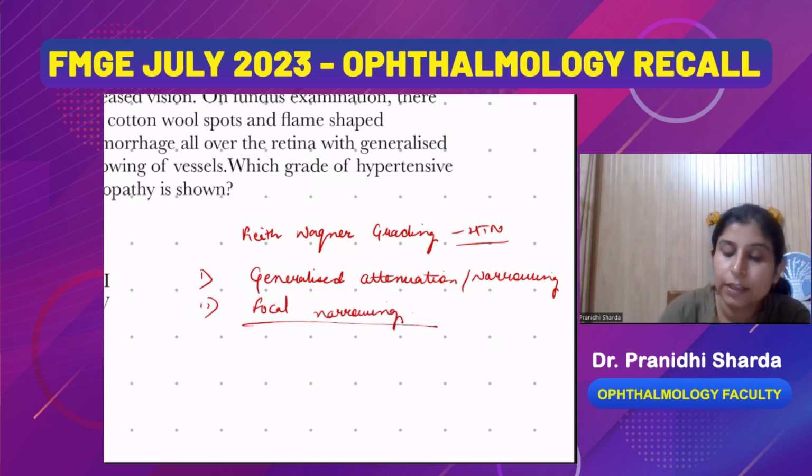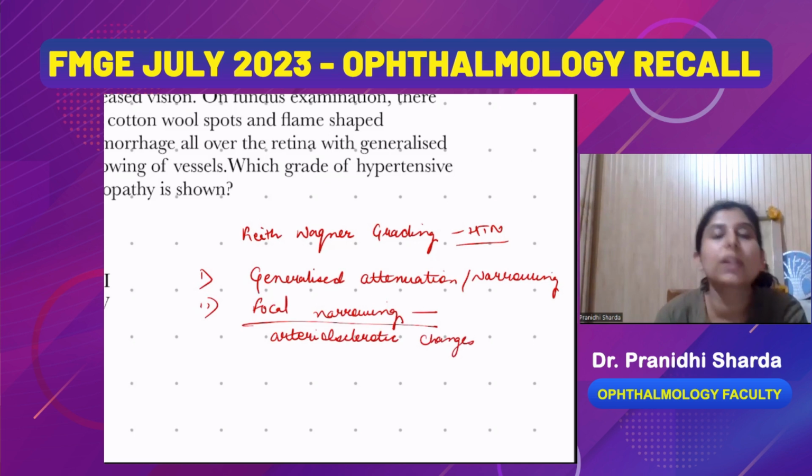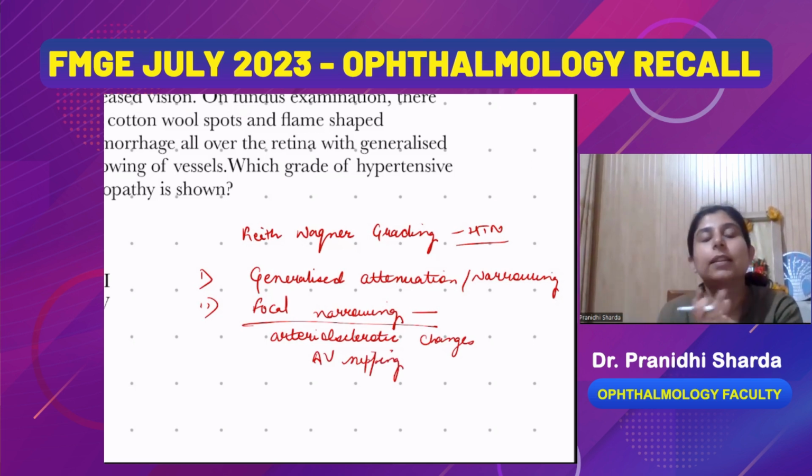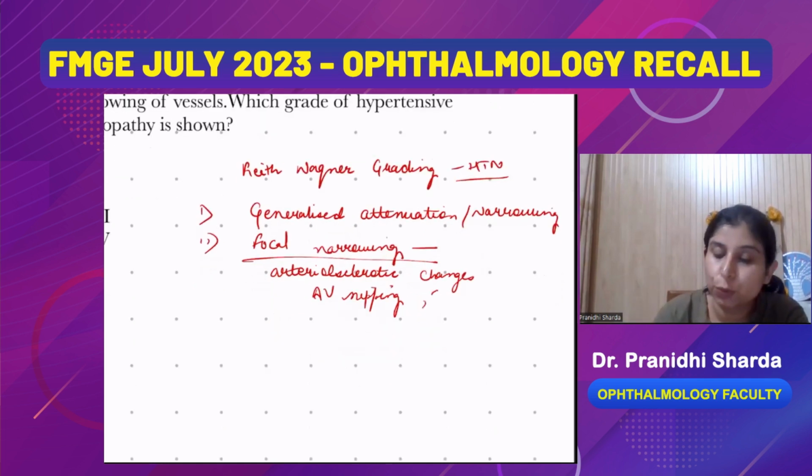And here, stage 2 is where we see all the arteriosclerotic changes. What are the arteriosclerotic changes? We see the AV nipping, Salus sign, Gunn sign, Bonnet sign, all these signs related to arteriosclerotic changes are seen in grade 2 hypertensive retinopathy.